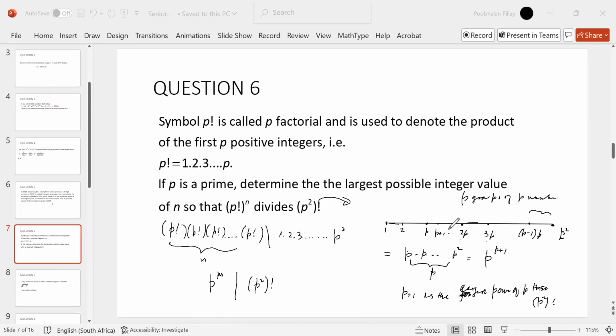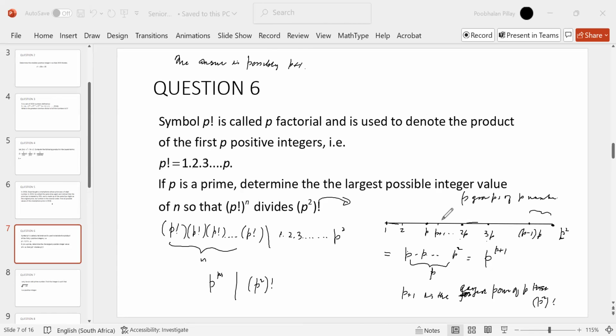If there's any higher power, it means somewhere along the way it'll occur more than once, and that's not true. So here the question is, what is the largest possible integer value of n for this to happen? It looks as if the answer is P plus 1. Okay, the answer is possibly P plus 1. Now you have to ask why possibly, what's going on here?